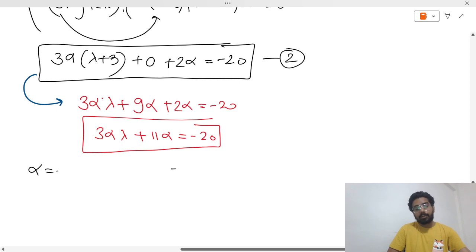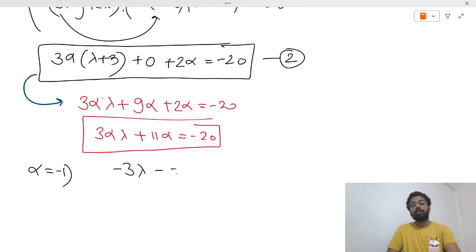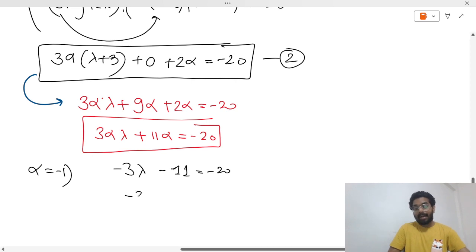If I take alpha equals minus 1, then minus 1 into 3 is minus 3 lambda, plus 11 into minus 1 is minus 11, equals minus 20. Now, minus 3 lambda equals minus 20 plus 11.